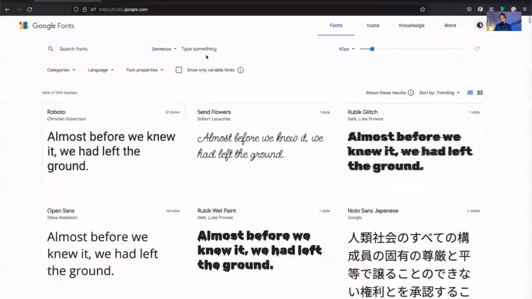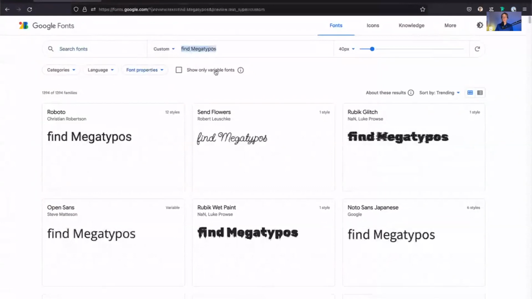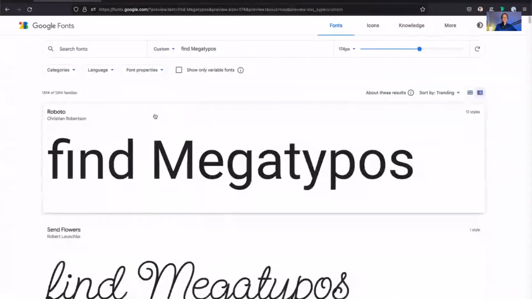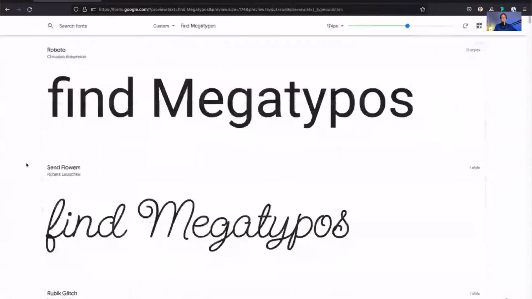Let's just type in mega typos. You always find some mega typos. We'll scale this up. Okay. So let's not talk about the script typefaces, since we could find something in there.